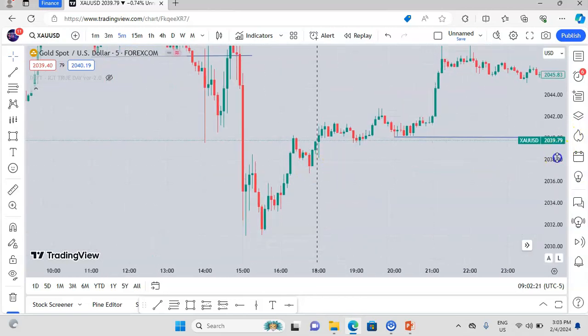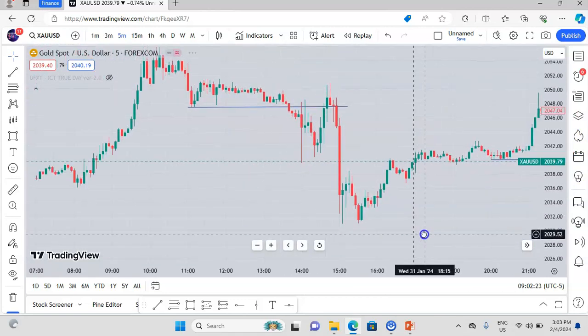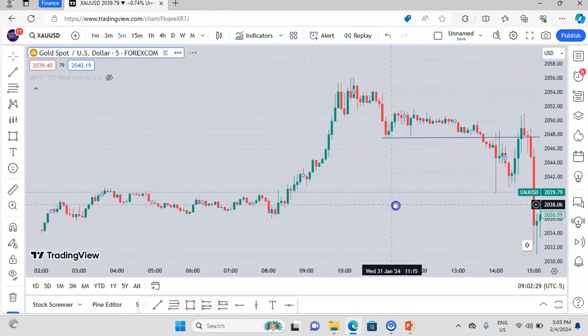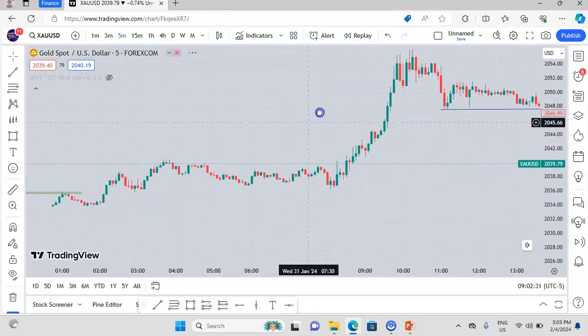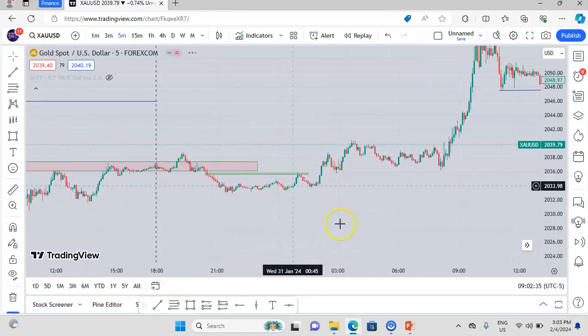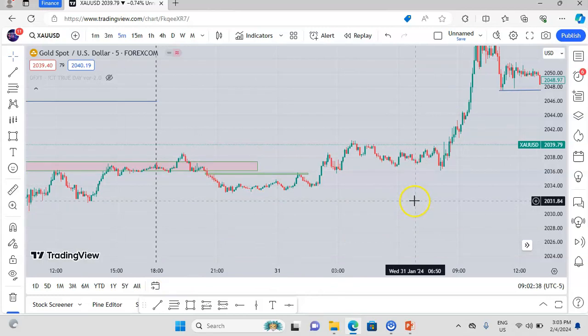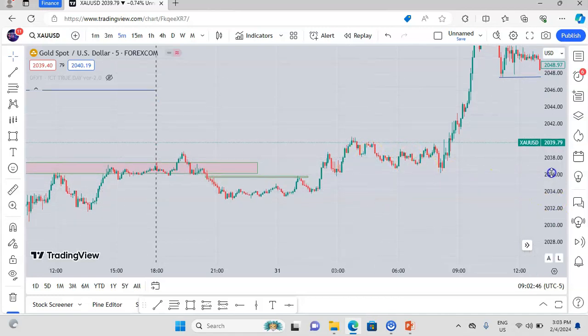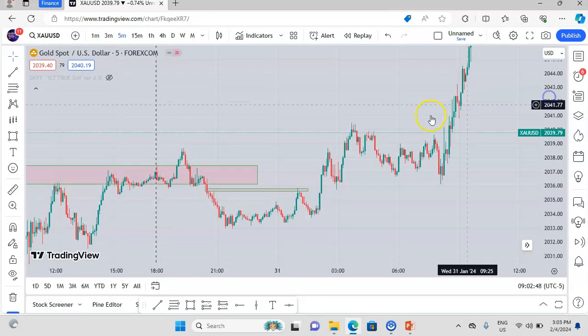I didn't actually prepare this, but I know that once I get here, I'll be able to find what I'm looking for, because it's almost everywhere. On this particular day, so look at something like this. This is how a market structure break that is not a market structure shift occurs.